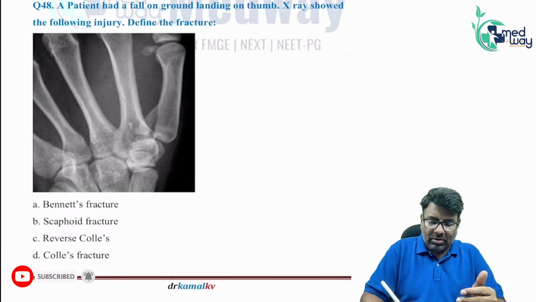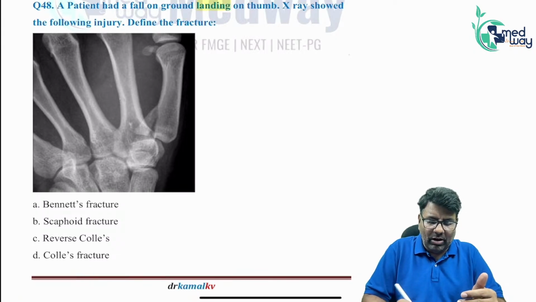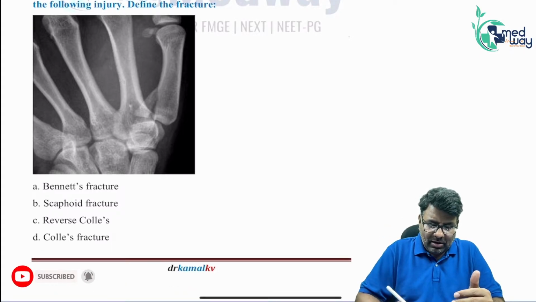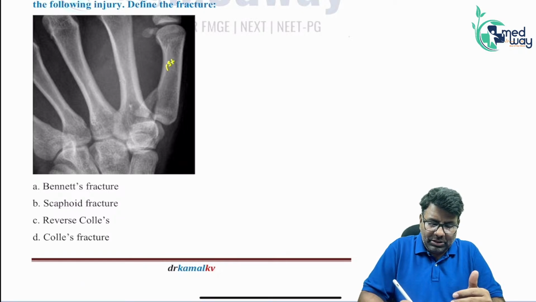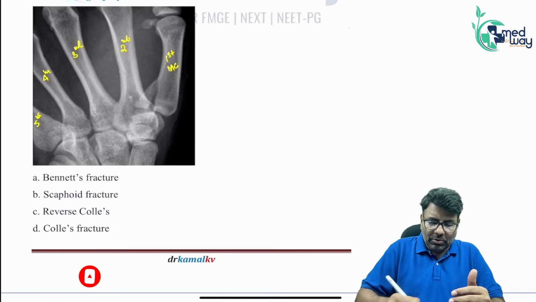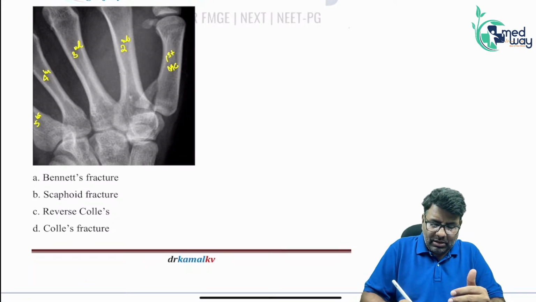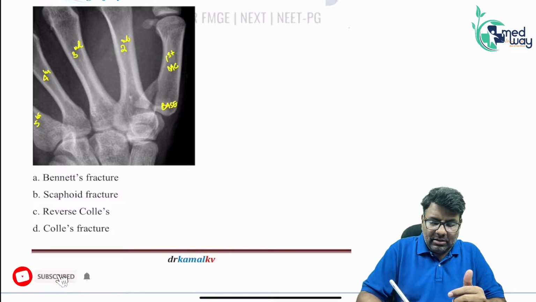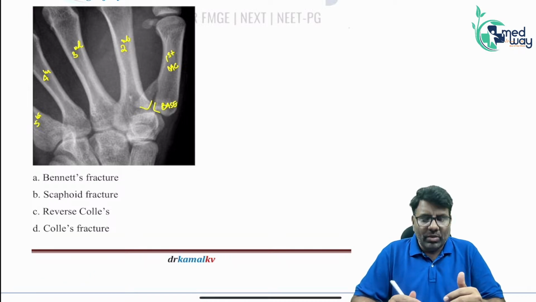Now, the next question is about a person falling on the ground, landing over the thumb, and the X-ray is shown. Which fracture is this? Here we can see the first carpal, second, third. In the first metacarpal, this is the base, and we can see there is a fracture involving the base of the first metacarpal, and it is involving the articular surface, because it is articulating with the carpal bones.